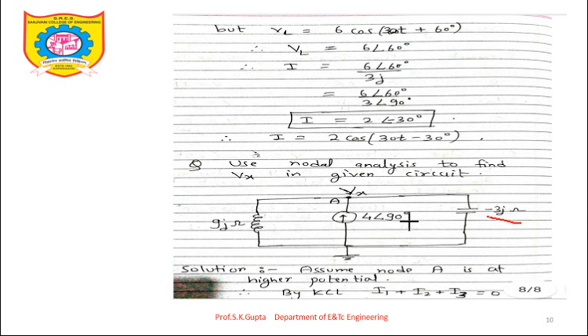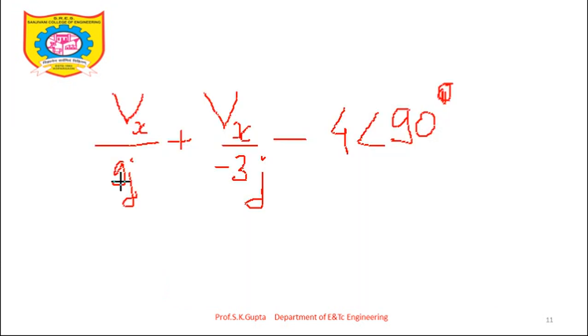So that will become with negative sign. Divided by voltage minus voltage divided by impedance 9j across the inductor. Voltage minus voltage divided by minus 3j across the capacitor. And that I3 current is the entering current, opposite to our I3 current, at 4 angle 90 degree, equal to 0. So I1 plus I2 plus I3 equal to 0.